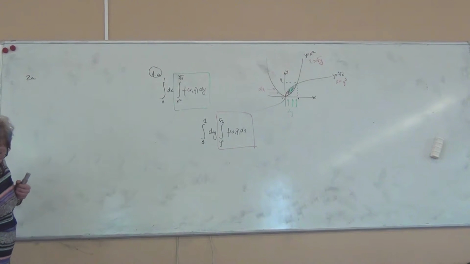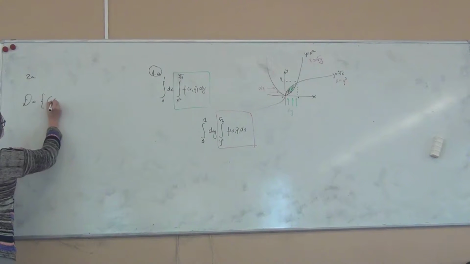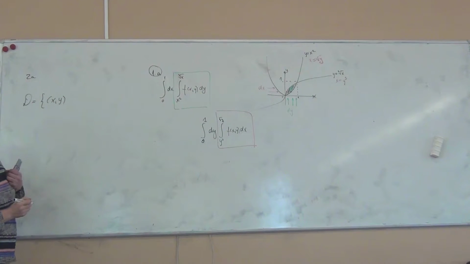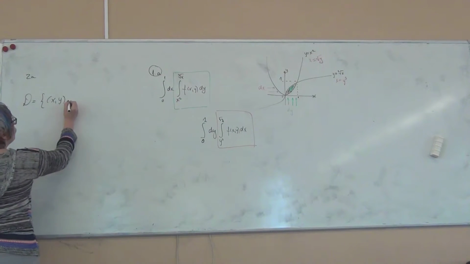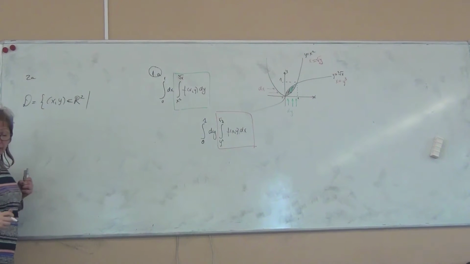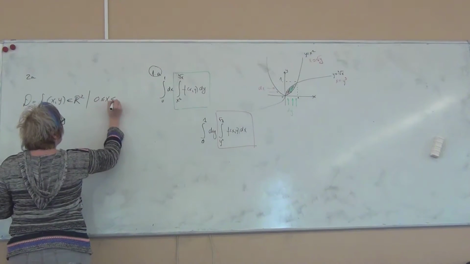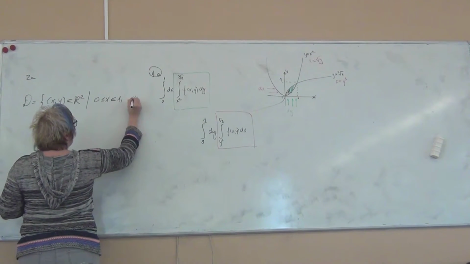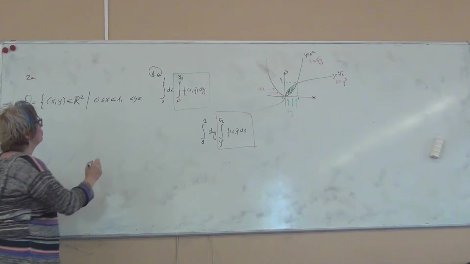2A. So if we have xy, remember what this means. We have pairs xy of two numbers, coordinates of the point, from the real number plane, R squared is the real number plane, for which x is between 0 and 1, and y is between 0 and 2.